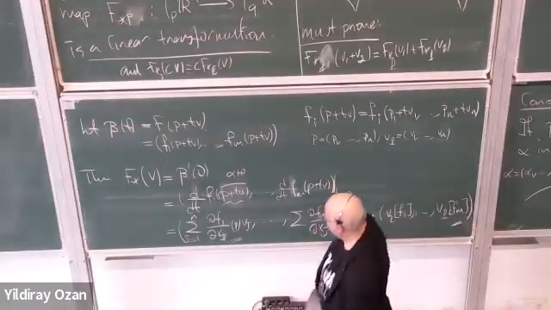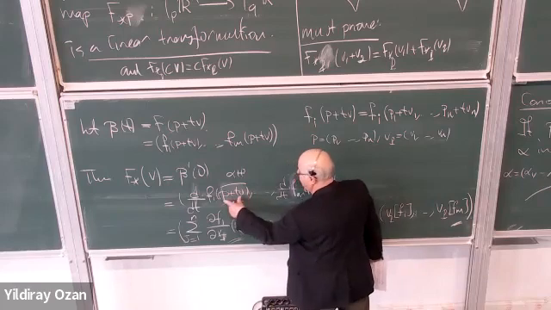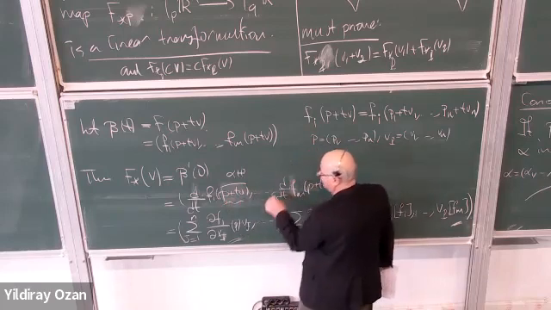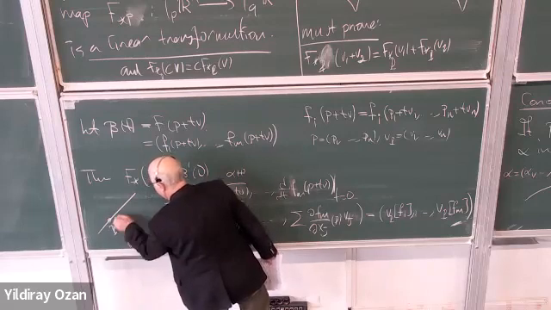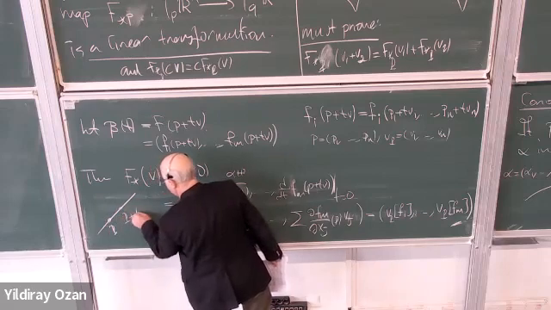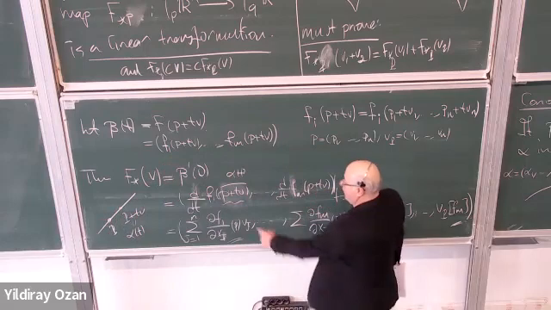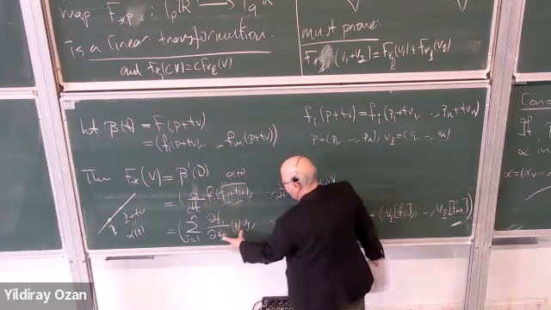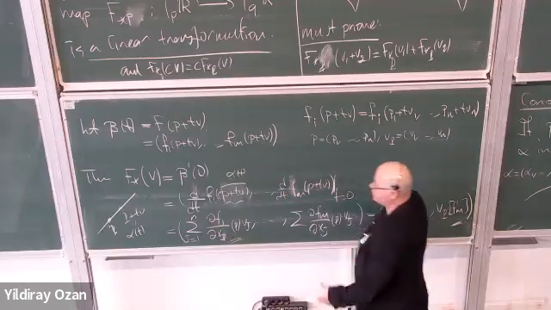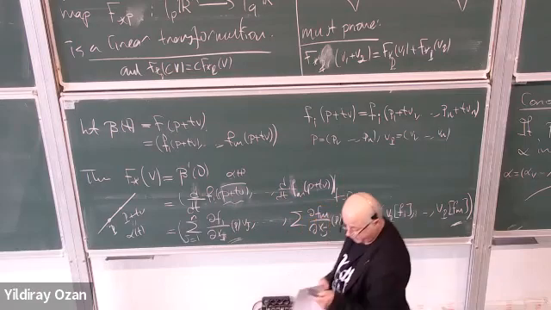Consider this gadget P plus tV as your alpha curve, okay? So this is your alpha t, f of alpha. And what is this derivative? It is just this expression, right? Just the directional derivative. So that's what we have over there.